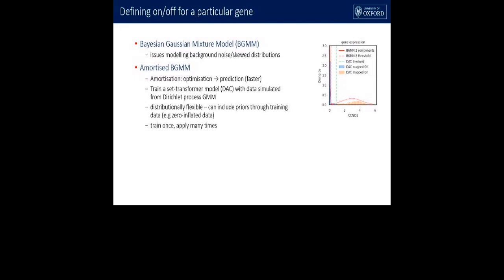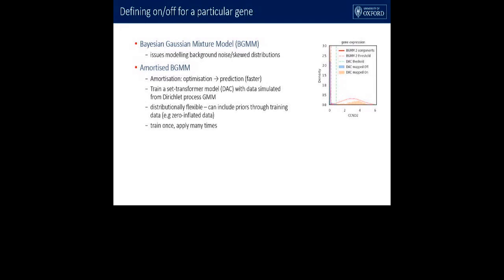So instead we opted for something called amortized inference, which in this context refers to making an optimization problem a prediction problem. So basically you train a model with a bunch of simulated data, and you get that model to predict the underlying parameters of the simulated distributions, and also the classification of on and off.